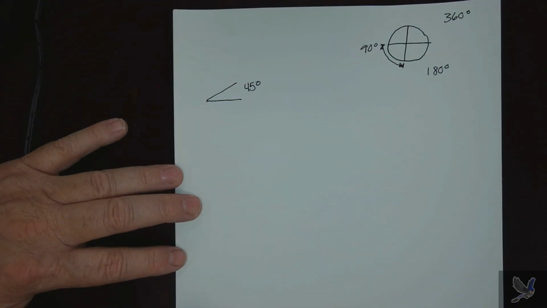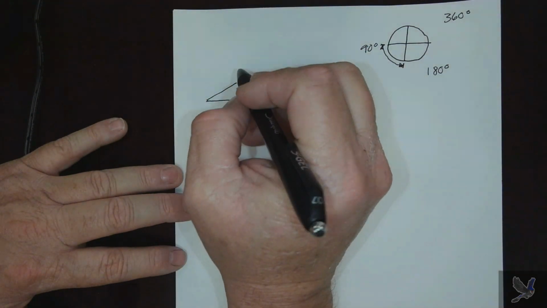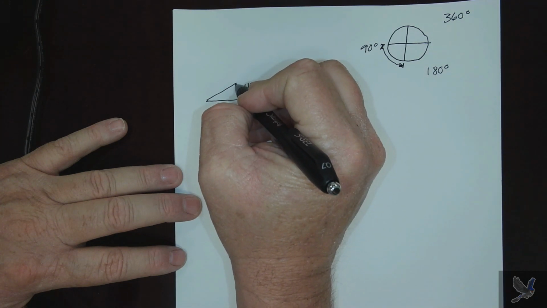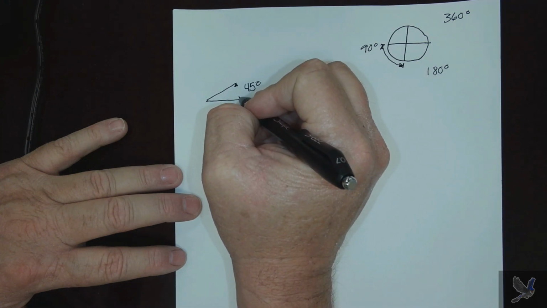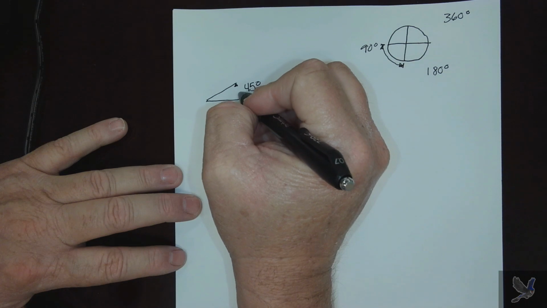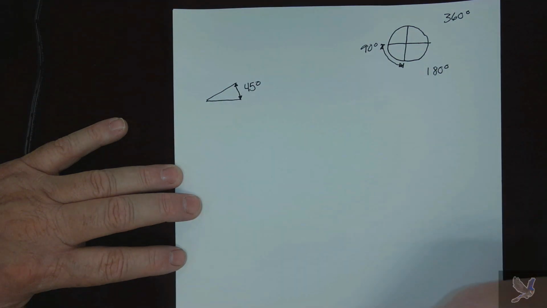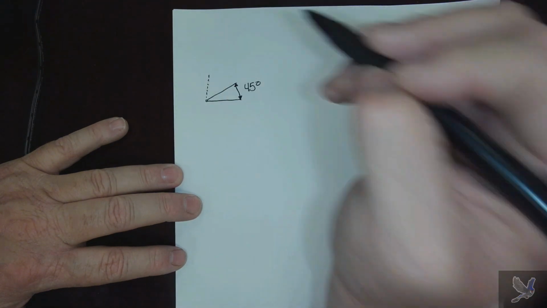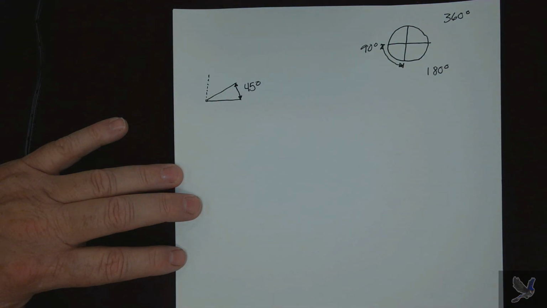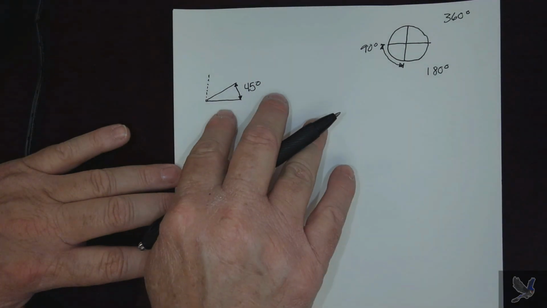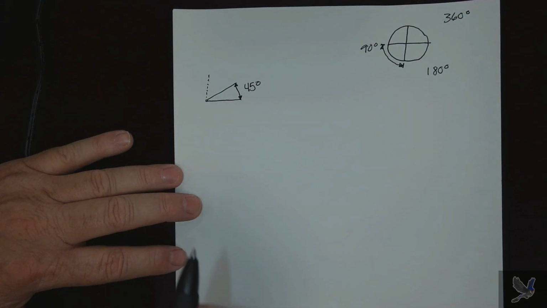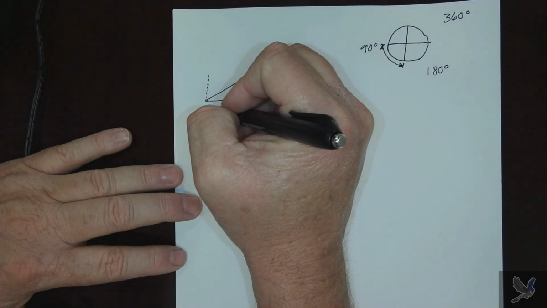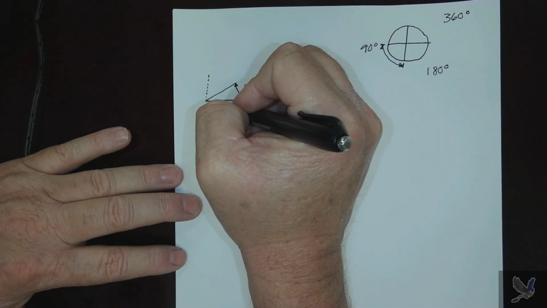That's a 45-degree bend. That means from this point on the leg to this point on the leg, if we measured it, there's 45. Obviously, if it was straight up and down, that would be a 90. What we're more concerned about right now is what type of bend this is. This is classified as a closed angle.